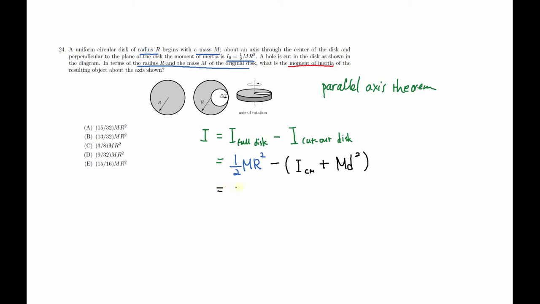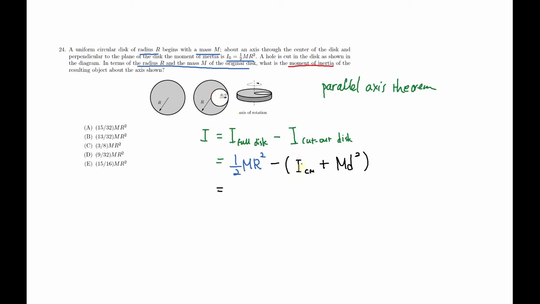Okay, instead of bogging down in the derivation of this formula, I'm just going to illustrate this to solve this problem. So we have to find the correct mass that's relevant to the cutout disk and the distance.